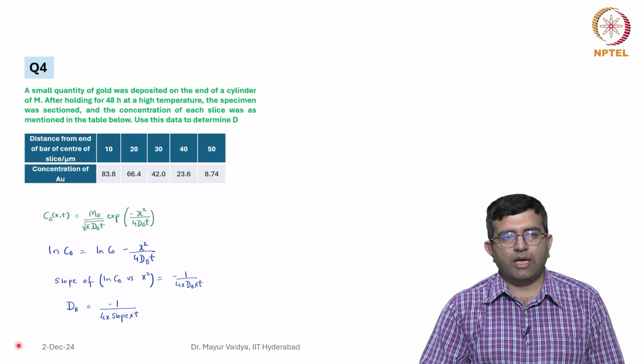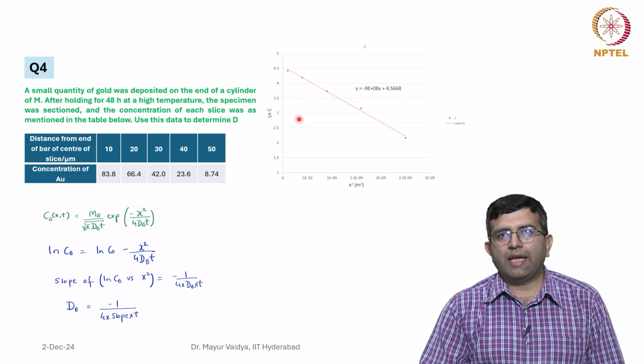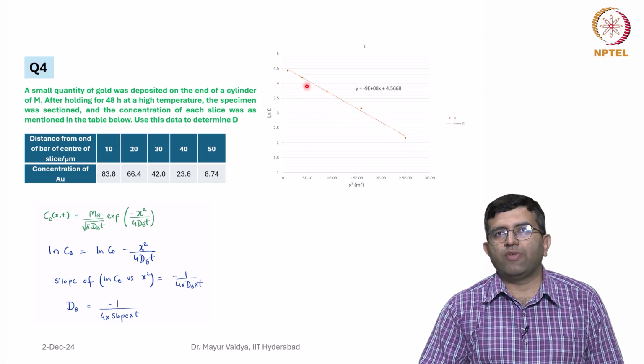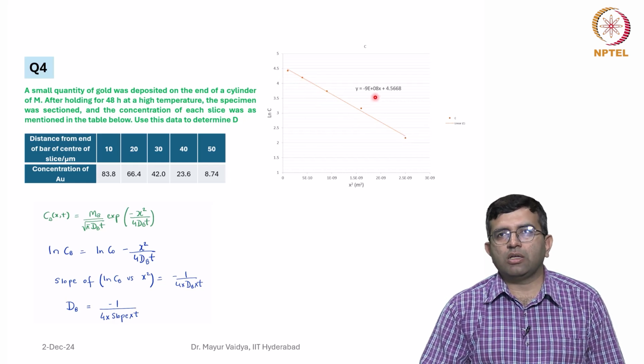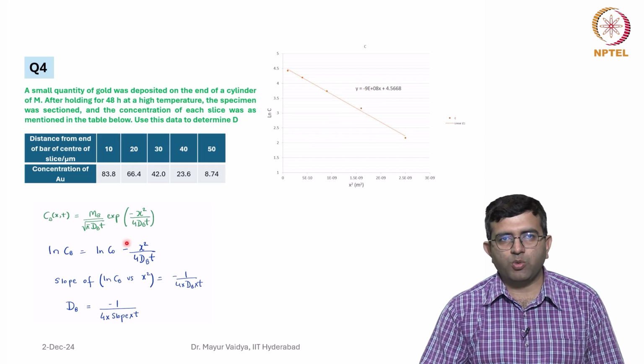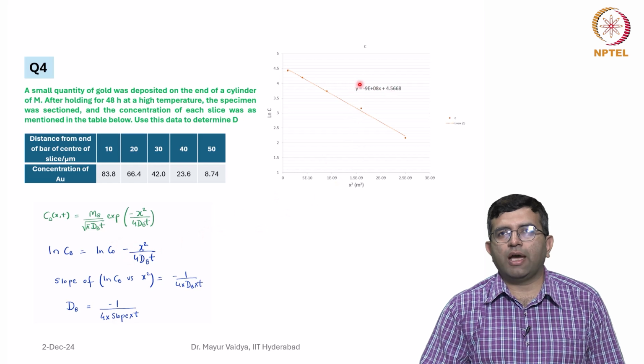When I do that, I get a figure like this, where these are the points and this is the fitted line. You can see that this is the slope, which is a negative value as expected, and which is also indicated here.